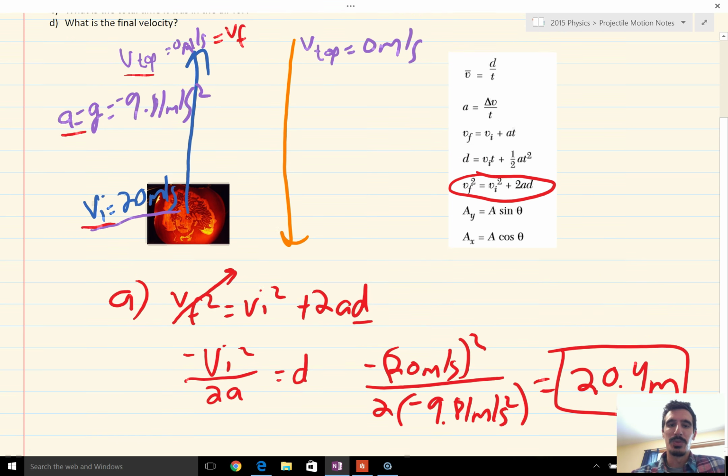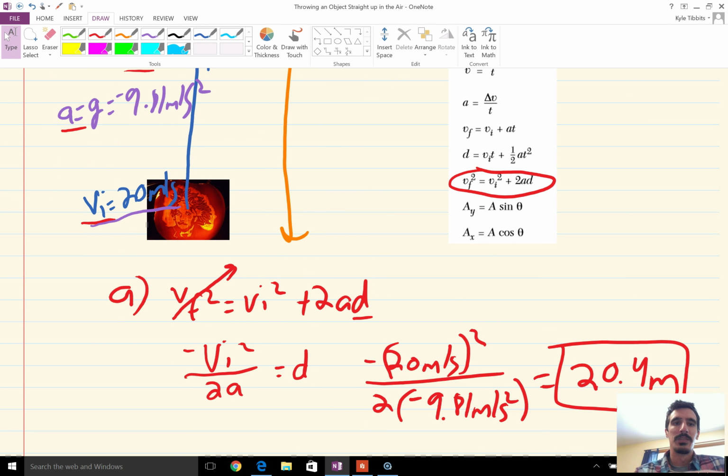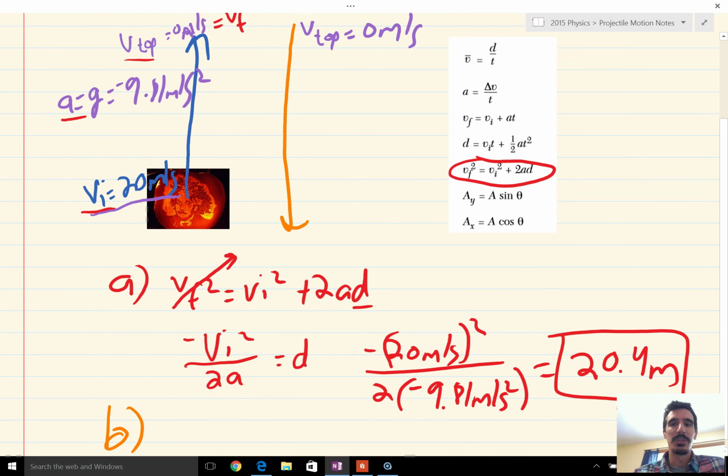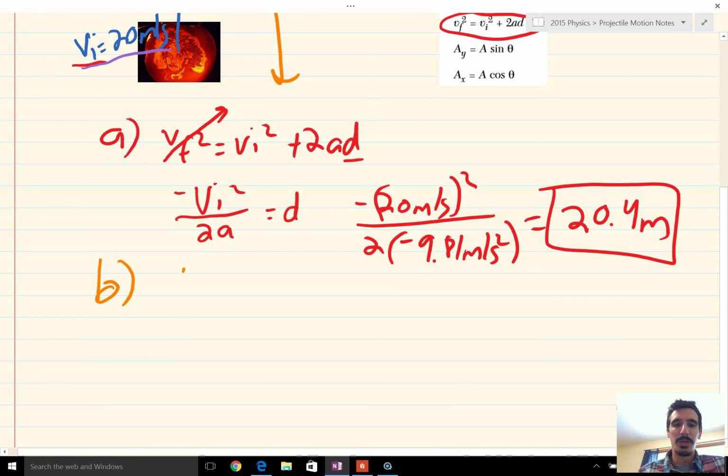Okay. Part B, how long was it in the air for? So now we still know Vi, Vf is Vtop, and a. What can we use to find the time? We're going to use this formula, Vf equals Vi plus at. And remember, this is the time to get to the top. Vf is 0.